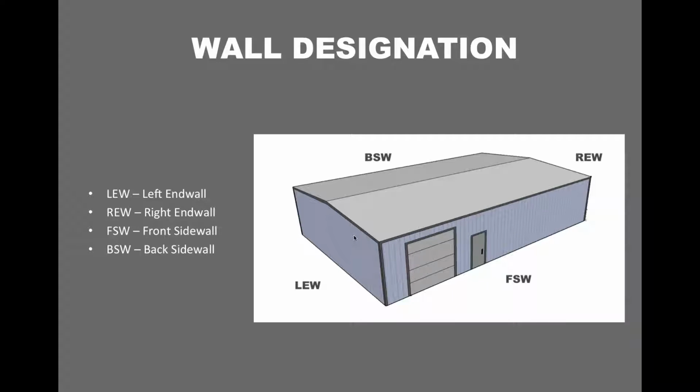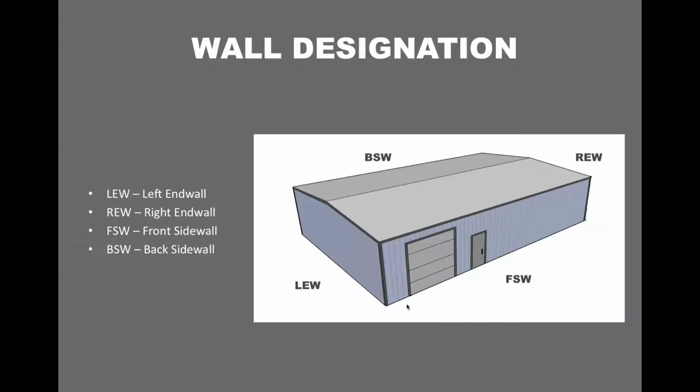So to give you an example why this is important, let's say I'm trying to point out to an estimator or a designer where I want, say, this 10 by 10 door right here. I would tell him I want a 10 by 10 door 5 feet from the left end wall on the front side wall.